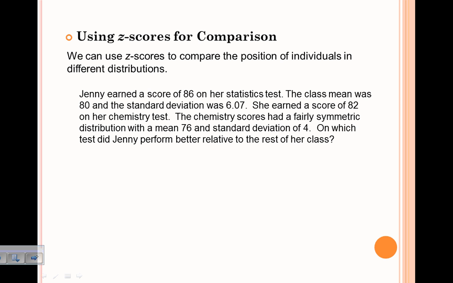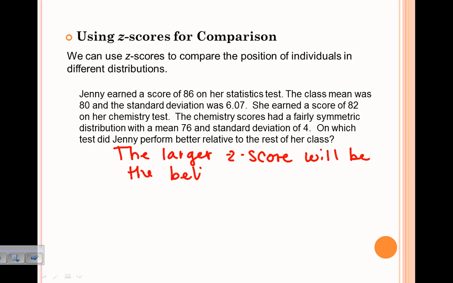So here, when you want to compare how she was doing, you can find the z-score. Now, in this case, we want a higher test score. So we want to find the larger z-score will be the better test relative to the class.